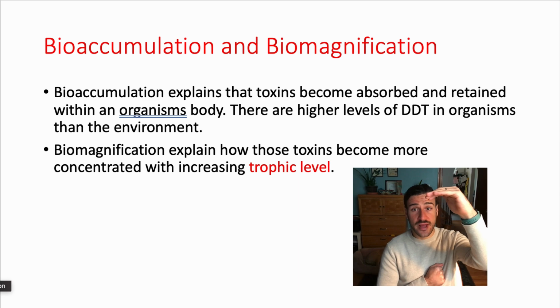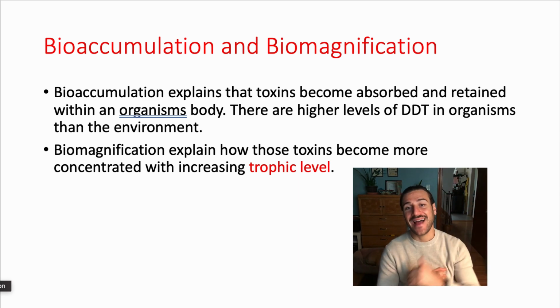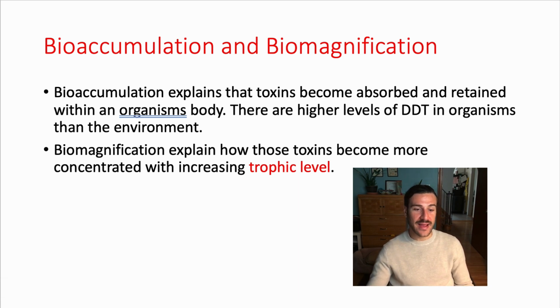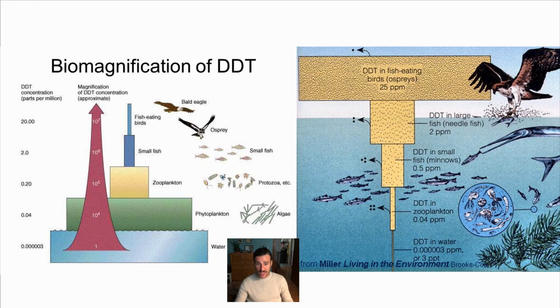Those tertiary predators, they're going to have the highest amounts of DDT in them. So that is an example of biomagnification. So here we can see these two figures, and I like them both. They are actually saying much of the same thing. They're just depicted a little bit differently.